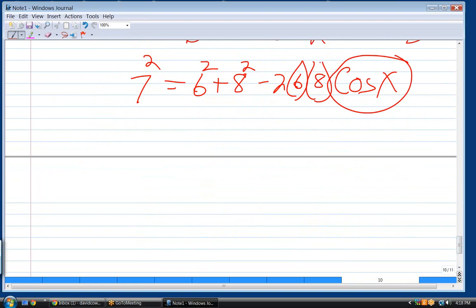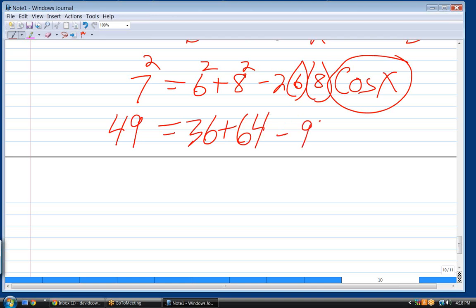So the way we would solve this, and let's go through this because this is important. You do have the law of cosines you have to know. And it's not 100% obvious how you solve these. Well, that's 49. 36 plus 64 minus 2 times 48, 96 cosine x. Add these two numbers together, they're 100.